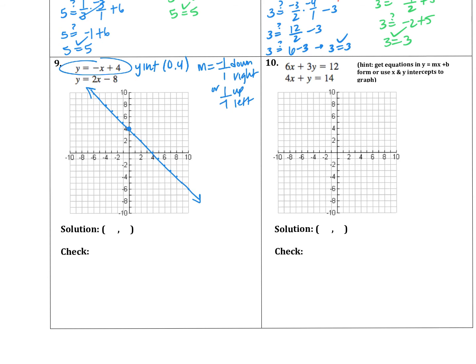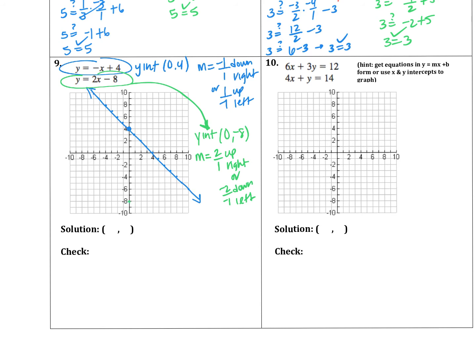My next equation I'm looking at, I'm going to put the info over here. I have a y-intercept of (0, -8) and a slope of 2 over 1. So I can go up 2, right 1, or my other option is -2 over -1, which is down and left.